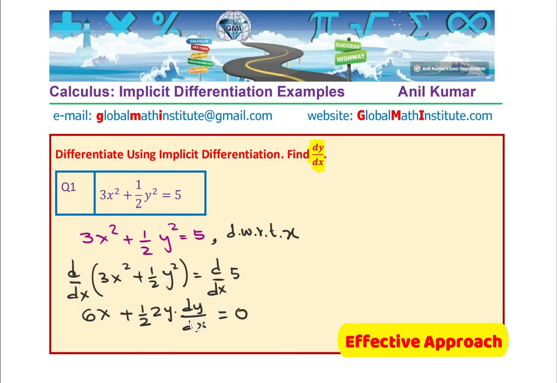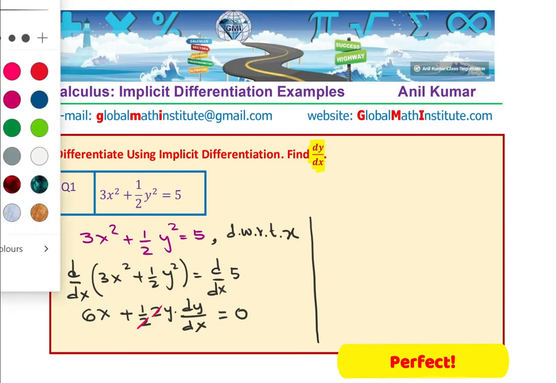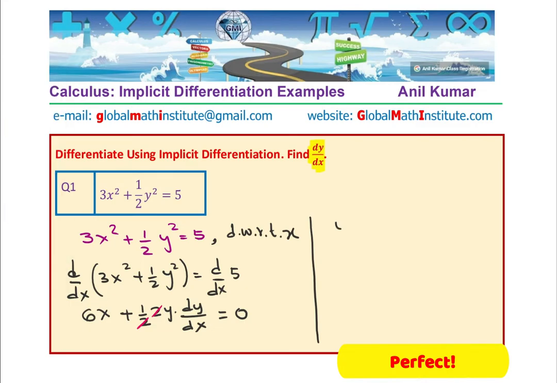So once you do that, you can isolate dy/dx, correct? So let's simplify it a bit more. We can cancel the 2's. So you get y dy/dx, correct? So let me rewrite this as y dy/dx and take the other term, which is 6x, on the right hand side as minus 6x.